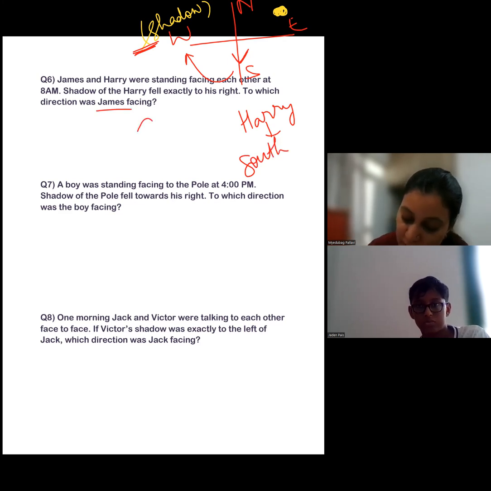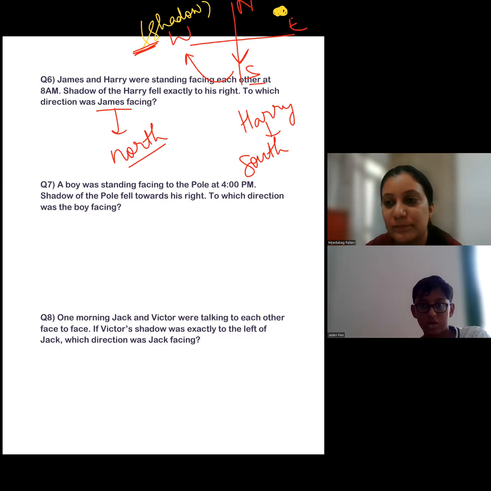James will be facing the opposite direction because they were standing facing each other. So the opposite of Harry will be James, so James will be north. Is that correct? Yes, very good.